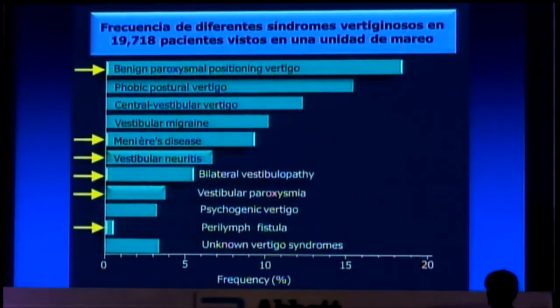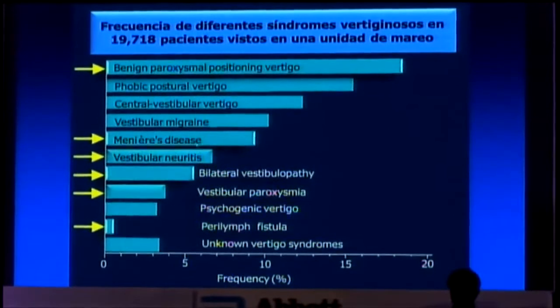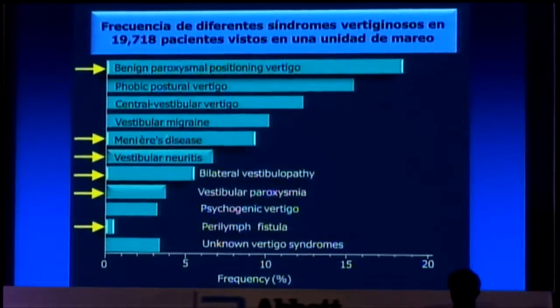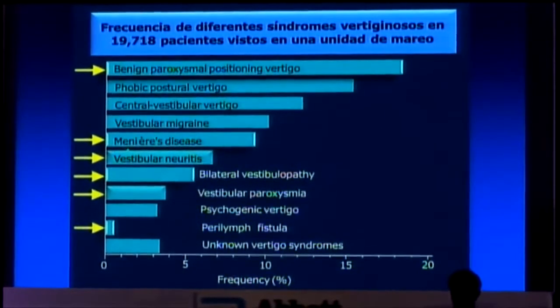So, we are approaching the end of this presentation. Just to summarize, BPPV caused by canalolithiasis, repositioning of the otoconia to the utricle. Meniere's disease, now we have accepted international criteria, high-dose treatment with betahistine up to 1200 milligrams per day.